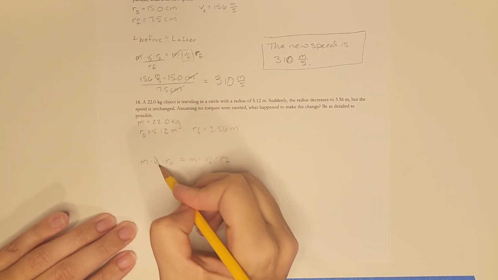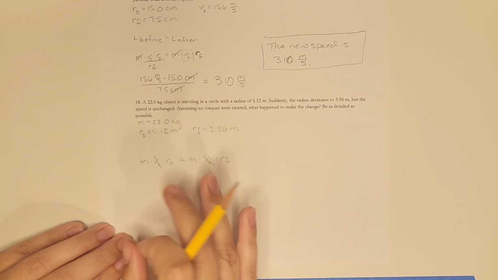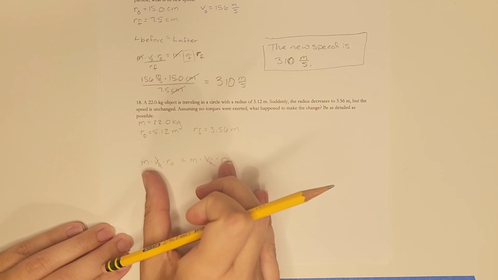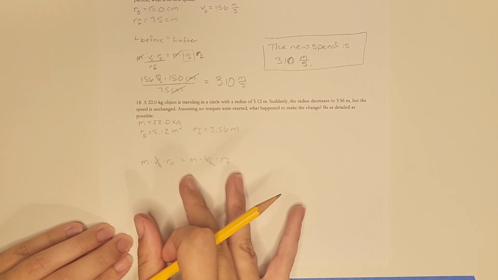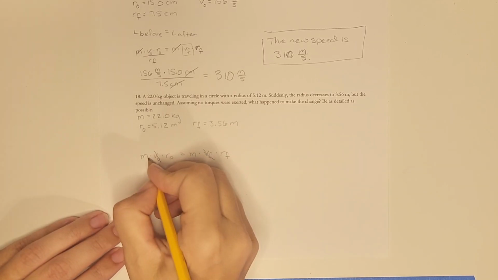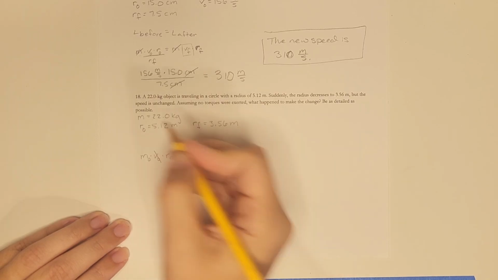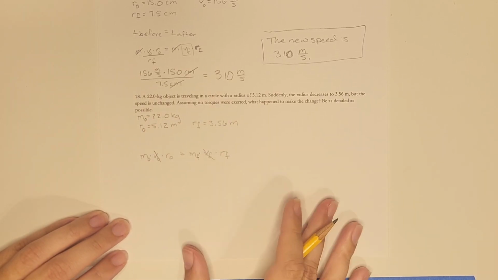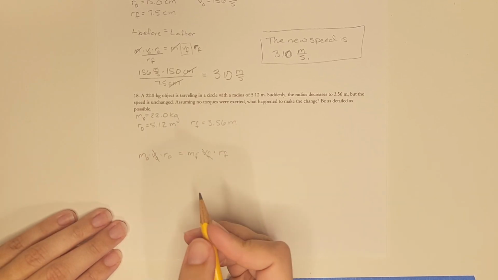So if the velocity is constant, it cancels out on both sides. And so how can the radius change? The only way it can change is that the mass changes. Okay, and so let's figure out exactly how the mass changed. So that means that we do have a mass initial and a mass final. And then this was our initial. And we need to figure out how exactly the mass changed.